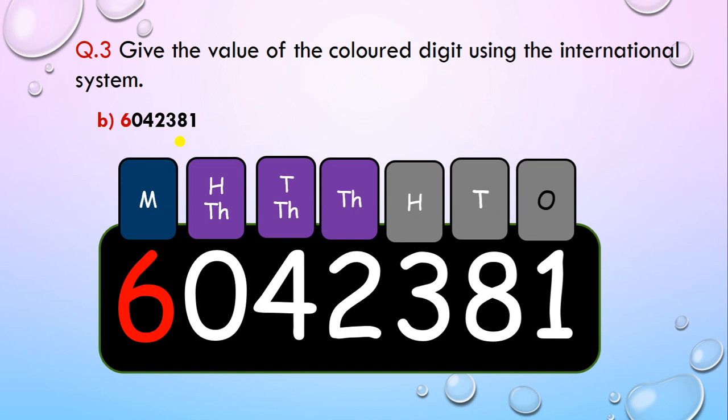So therefore the place value of 6 is 6 million. Another way to write place value is to take that digit as it is and convert the remaining digits to 0.